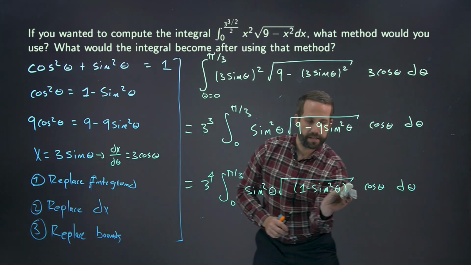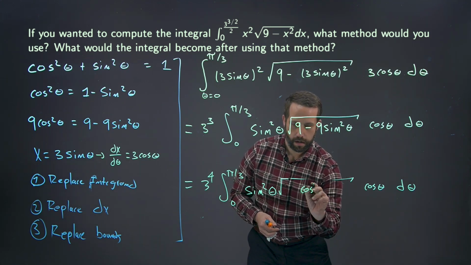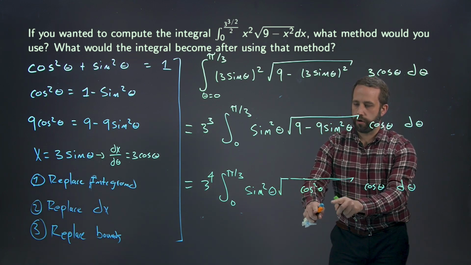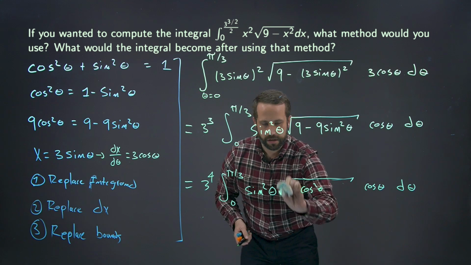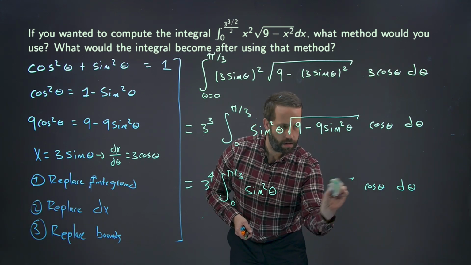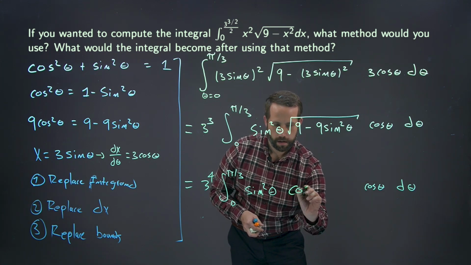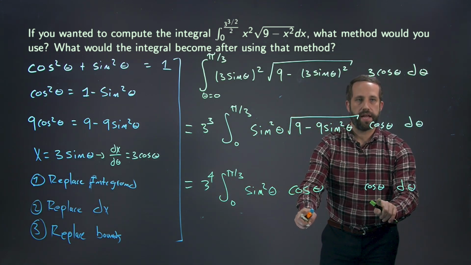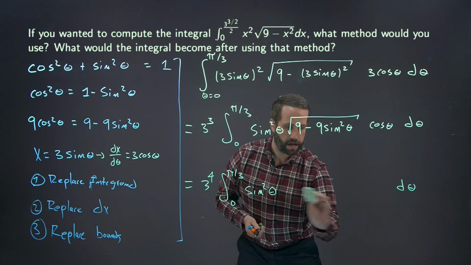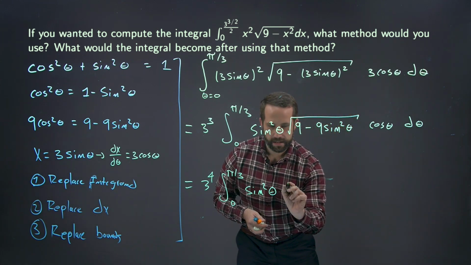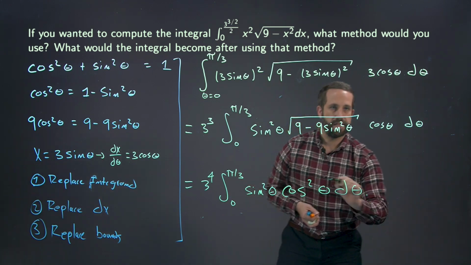So 1 minus sine squared is cosine squared, and the square root of cosine squared is the absolute value of cosine. Since cosine is positive, that's just going to be cosine. And then I have a cosine theta here, so I'm going to combine these to be cosine squared, because I have cosine times cosine. And this is cosine squared theta d theta.